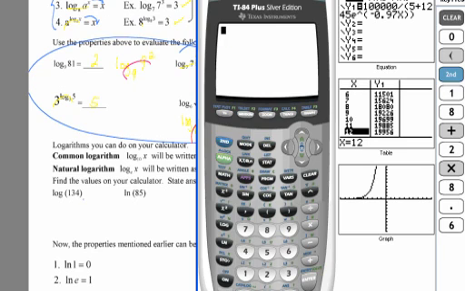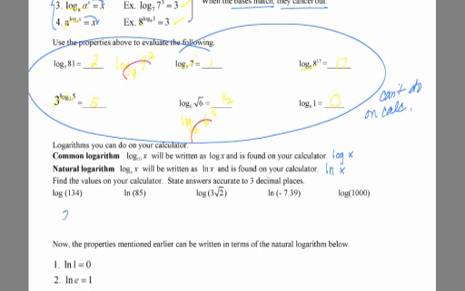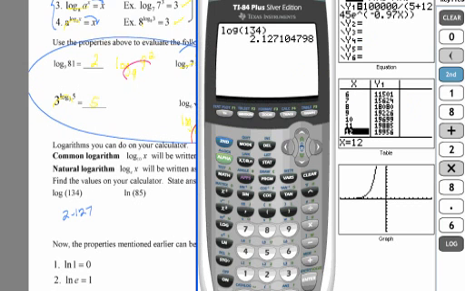LOG of 134. So let's hit the LOG button here. 134. Close that parenthesis and enter. So 2.127. Let's do ln, find the ln button, and let's type in 85.